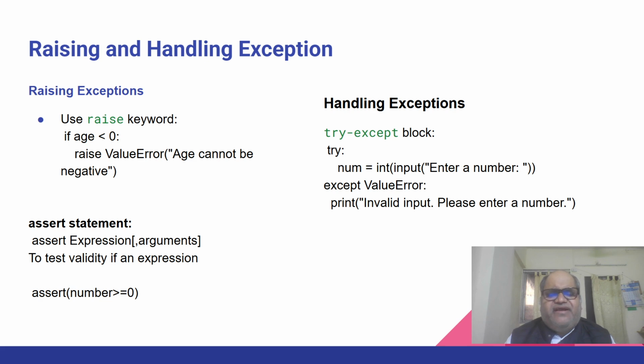You are assuming it to be an integer, so you have put in an explicit integer conversion. In this particular case, if someone doesn't enter a value of type int, then the system will automatically raise the value error. And there, under the except part, you can take appropriate action.